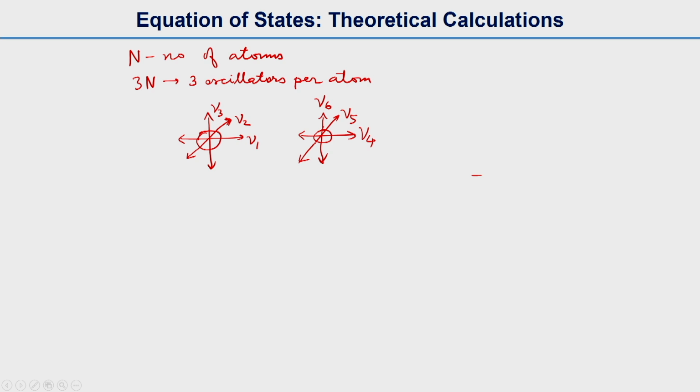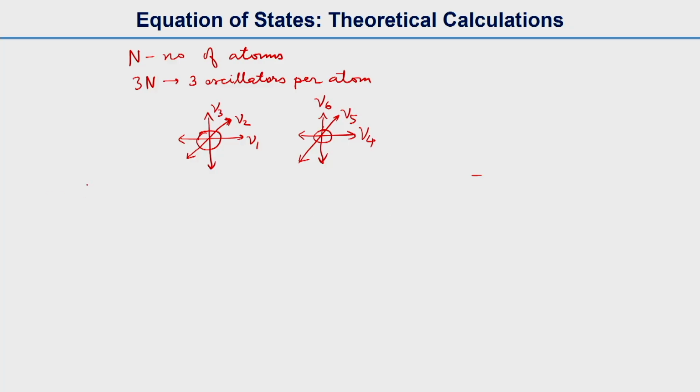Similarly you can get thousands of atoms, or even more, in this group of atoms. That is why we use 3N, as one atom can be considered as 3 oscillators.